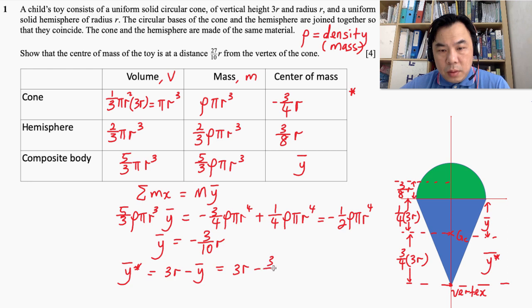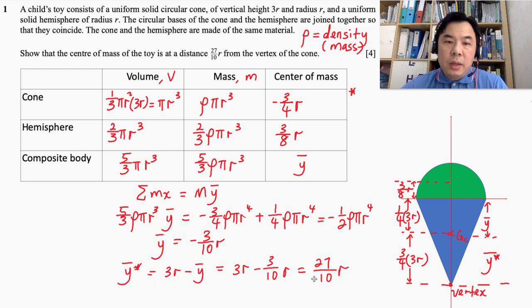So that will be 10r, and that will give me 27 over r. And then there you have it. I managed to prove this using a different frame of reference. I hope that is clear for your learning at this point. Stay tuned. I'm going to move on to the next question shortly.